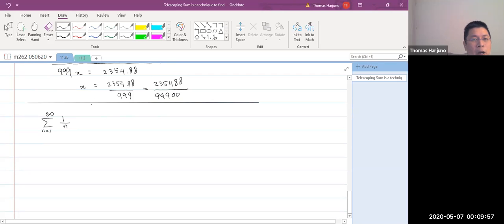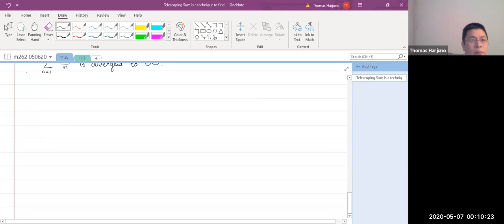Okay, the claim is this is divergent. In fact, it's divergent to infinity. Okay, the proof you can read in the book, but the outline is basically like this.